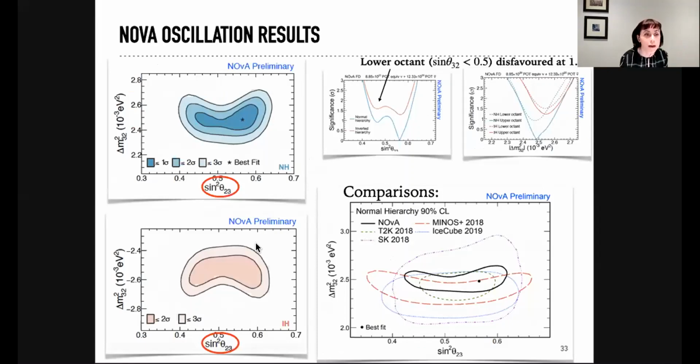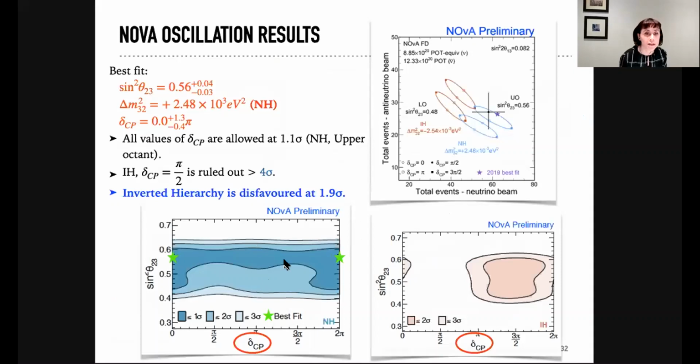So T2K and NOVA do measure the same quantities. There are some differences between the two experiments, and at the moment they are being addressed, that could be just at the level of what the assumptions are when you interpret the results, but they show some differences that at the moment the two experiments are trying to address.